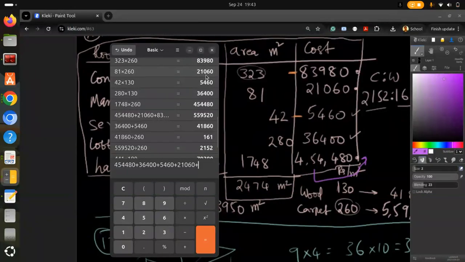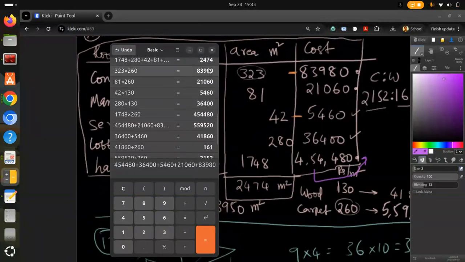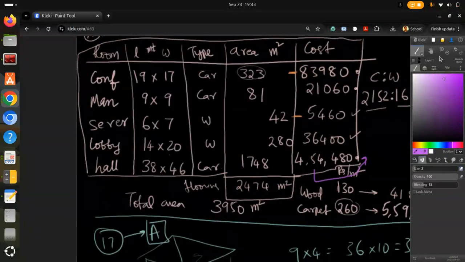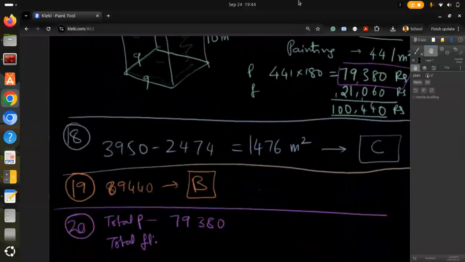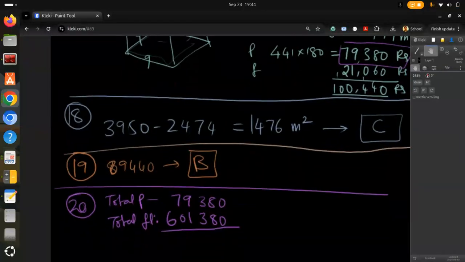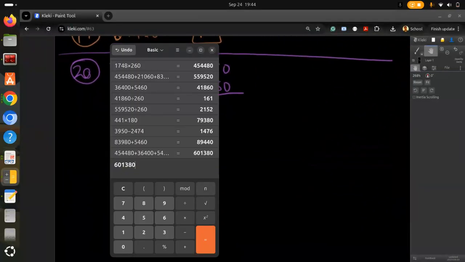This particular calculator app is allowing me to use the previous numbers. I think that's it, five numbers I'm adding. 6 lakh 1,380. So that is the total cost here. 6 lakh 1,380. Okay, interesting, 380 is matching.